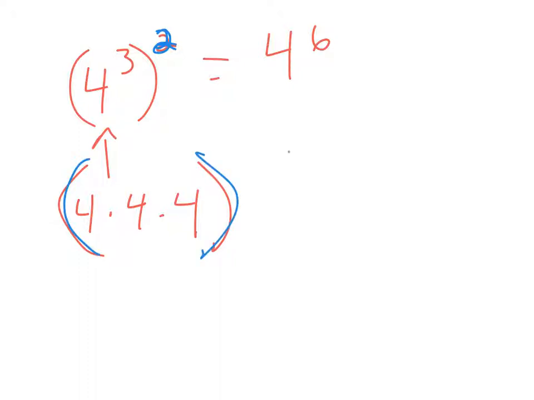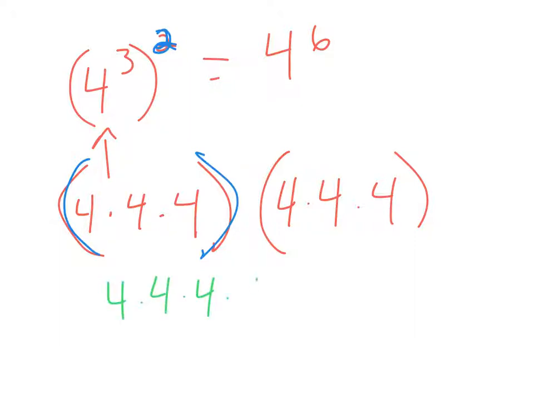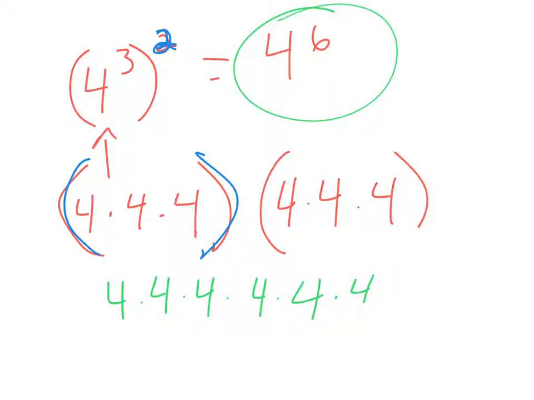Well, then we'll do it again. We multiply 4 to the power of 3 twice. So therefore you can see we have 4 times 4 times 4 times 4 times 4 times 4. So in other words, we have 4 to the 6th. So it's just much easier, obviously, to just look at it that way.